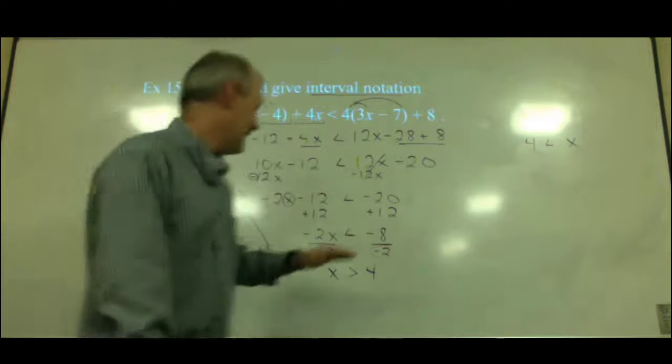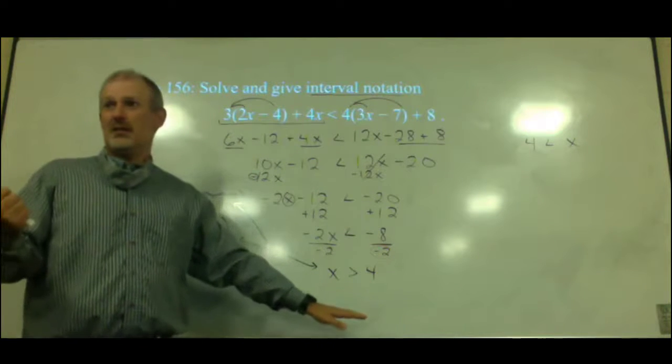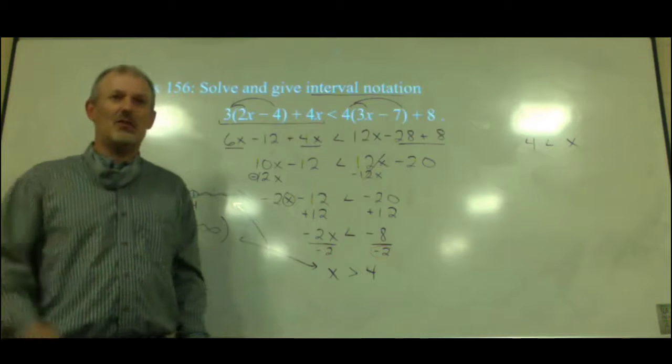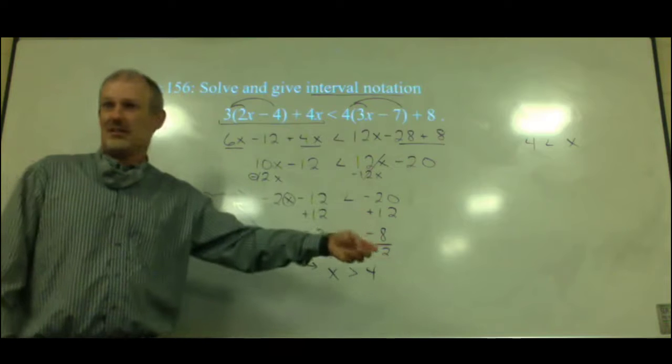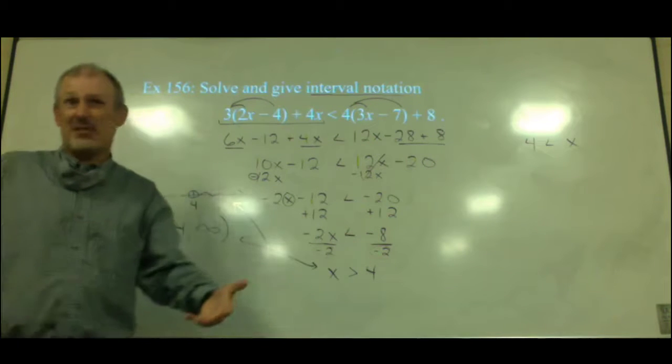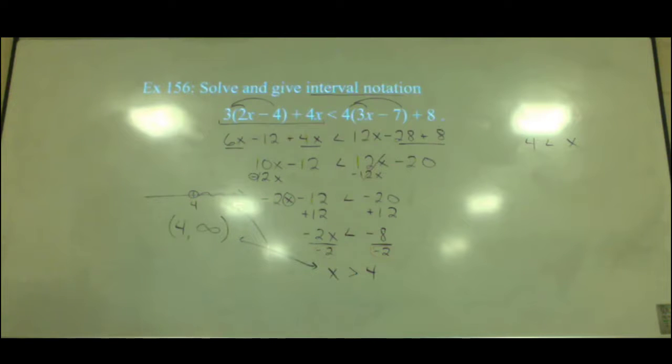So I would say it's much easier just to always put your variable on the left, because that's usually how we say it. We usually say x is greater than 4. We don't say 4 is less than x. Now, again, it means the same thing, so you can do it, but I'm going to guess that probably almost all the time the computer on the homework will have the x first and the number second.